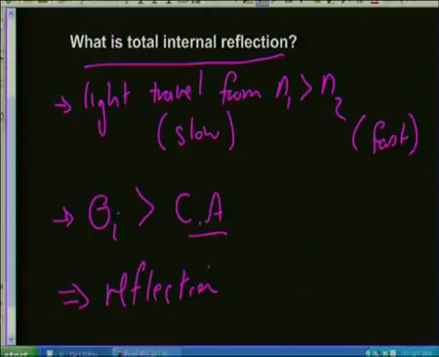So what is this critical angle? The critical angle is equal to the angle of incidence when the angle of refraction is 90 degrees. If the angle of incidence is greater than that critical angle, then you're going to get reflection, internal reflection.